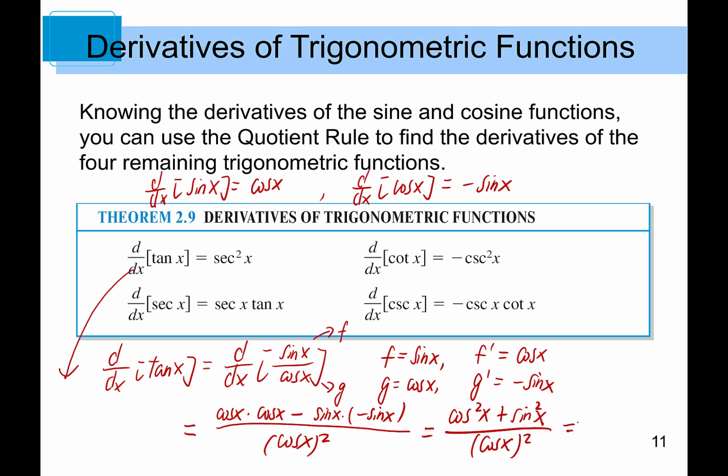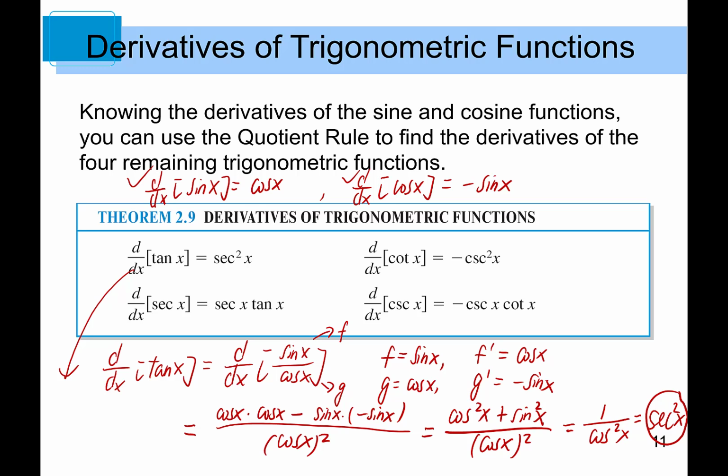Cosine x squared plus sine x squared gives us 1 over cosine x squared. You can split that as 1 over cosine x times 1 over cosine x, which becomes secant x squared. So this is a quick proof of why this is true. You can also use the limit definition of the derivative to prove this, but this is probably easier.